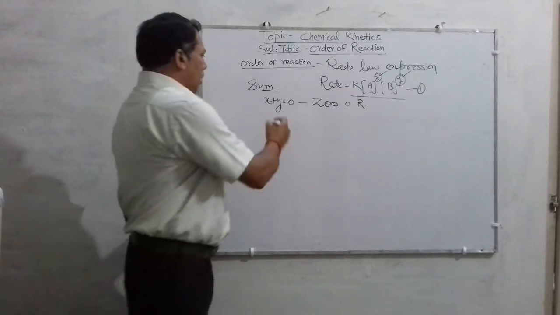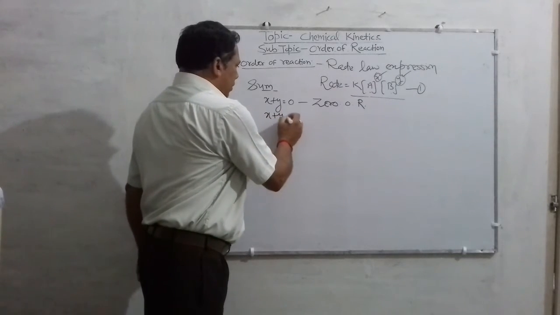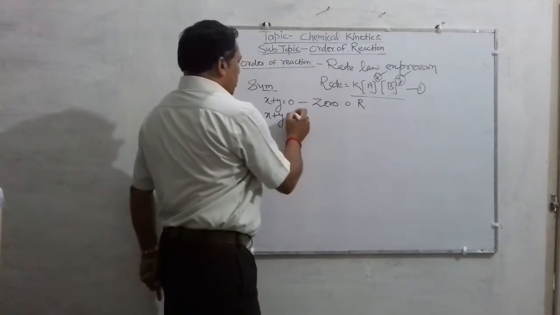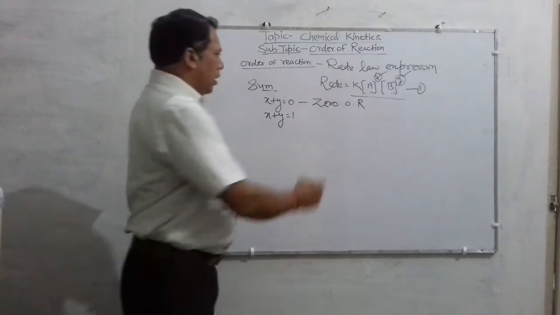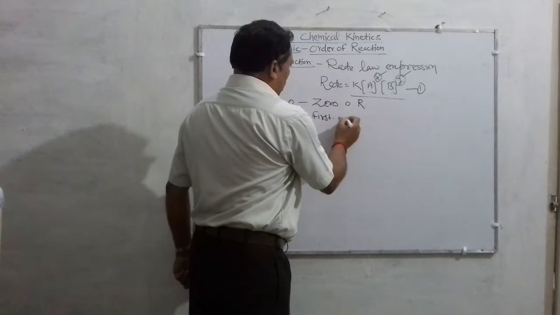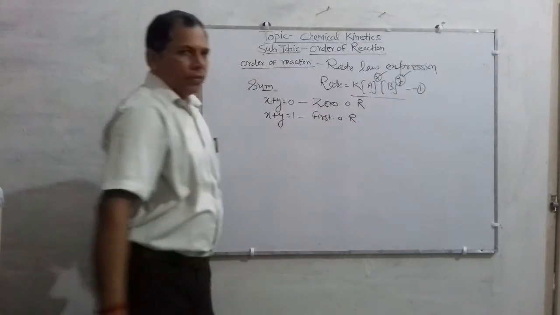Similarly, if the value of x plus y, the sum of these two exponents, is coming 1, then that reaction is called first order reaction.